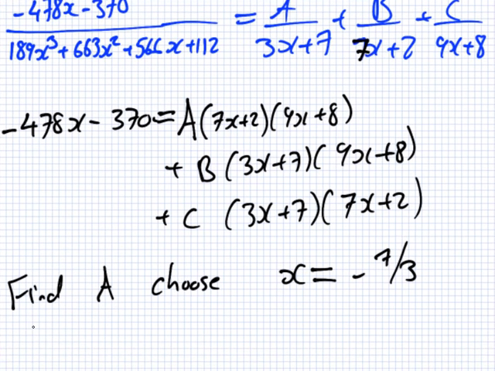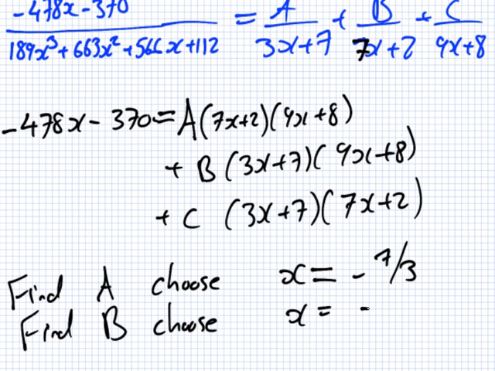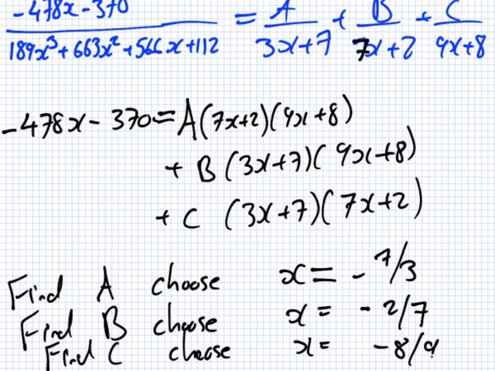If I want to find B, what can I choose for X here? No, not minus 8 over 9, because that will cancel B. Correct. And finally, to find C, what do I choose? Yeah, minus 8 over 9. And then I can find my A, B, C, which I'm not going to do because that's trivial.